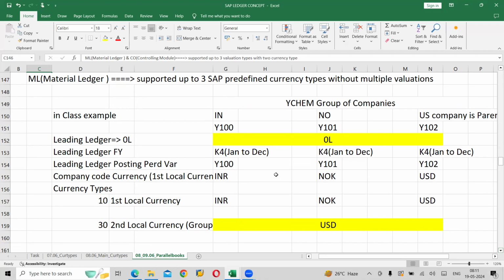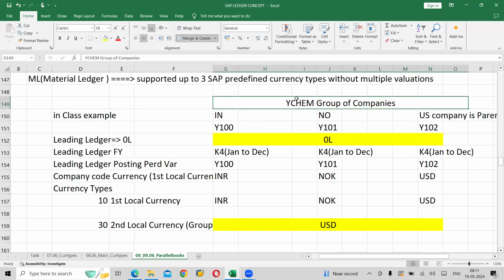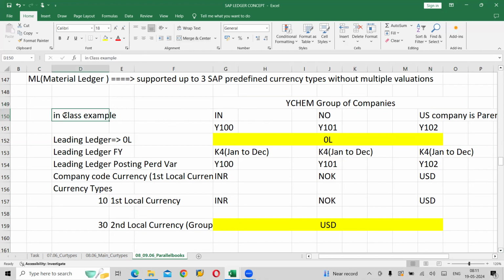Same like, okay, if you want to take your class example, this is a company which I have taken, YCAM group of companies, which is in India, which is in Norway, and which is in US. This is not your class example, right?